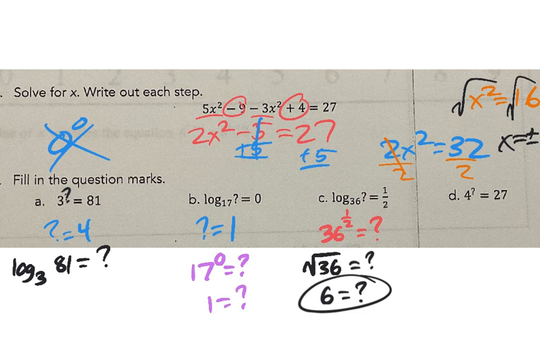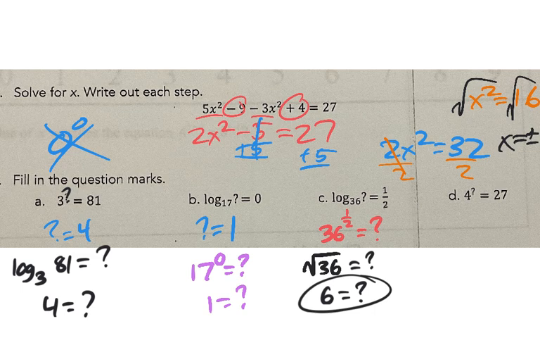I'm doing A. And so, again, what does this question ask? 3 raised to what power is 81? This is still 4, right? So we know how to simplify that without a calculator. So what happens when we ask questions like we did on D that are like 4 raised to what is 27?